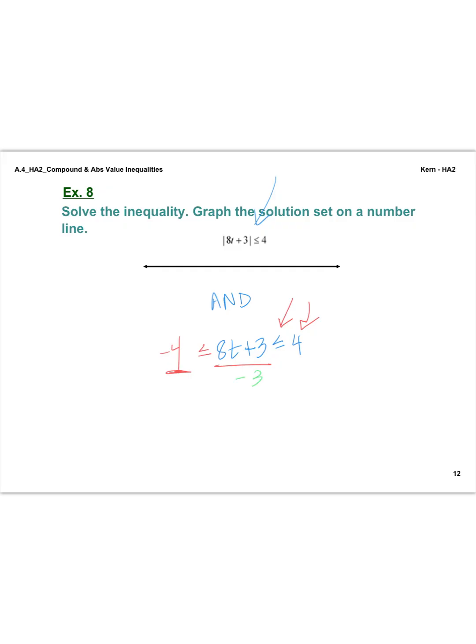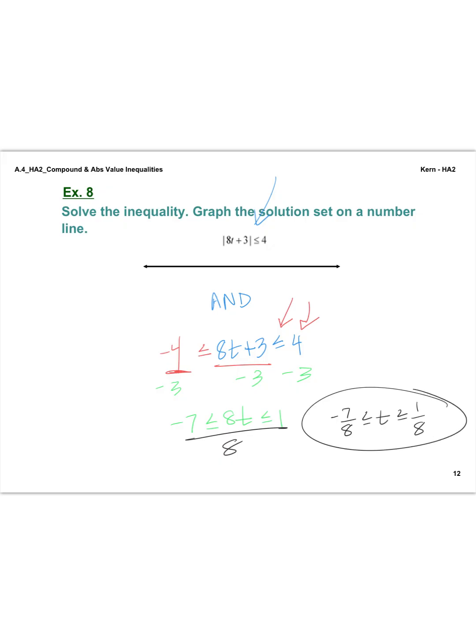So we're gonna go ahead and subtract 3 everywhere. So -7 less than or equal to 8t less than or equal to 1. Divide everything by 8. So now we have -7/8 is less than or equal to t is less than or equal to 1/8. There's my answer. Now we graph 0.